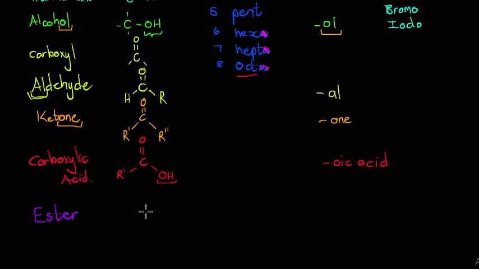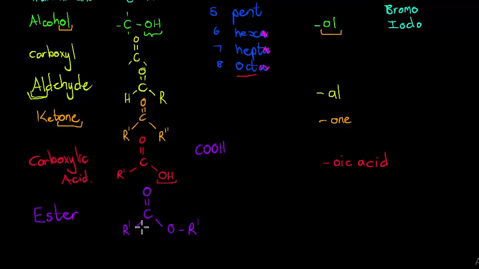Esters. An ester was a carbon double bonded to an oxygen, bonded to a substituent, but on the other bond there's an oxygen, similar to carboxylic acid, but then connected to a substituent again. So what's the difference between these two? Carboxylic acid has a single chain of carbons, and on the end we have COOH.